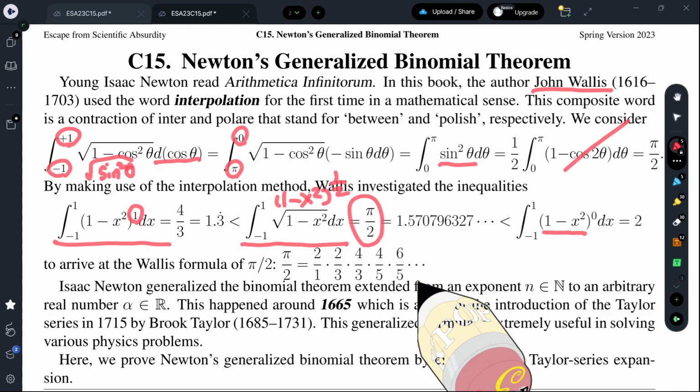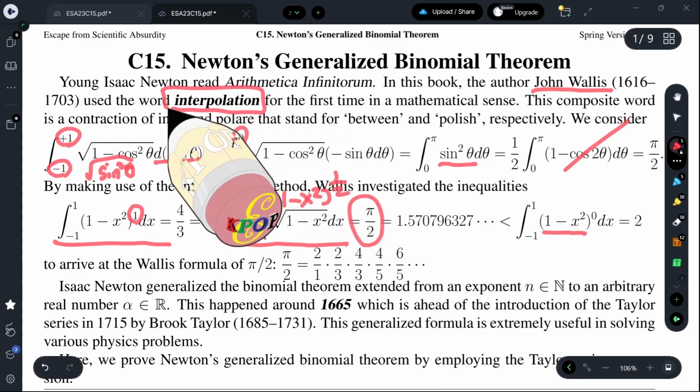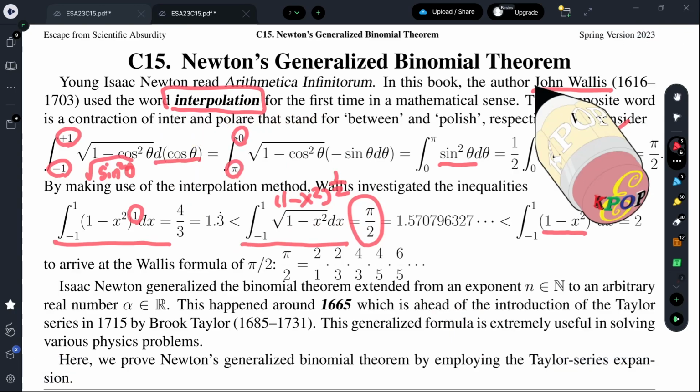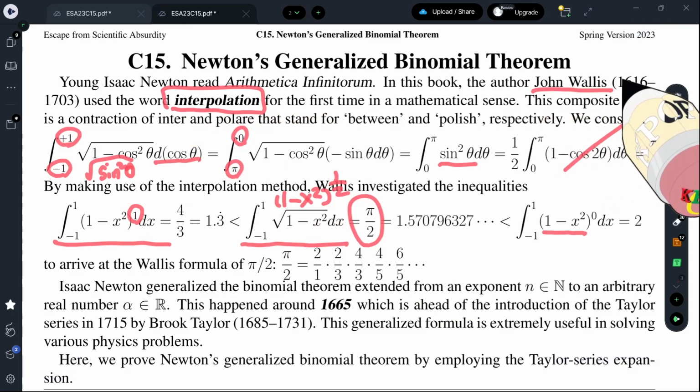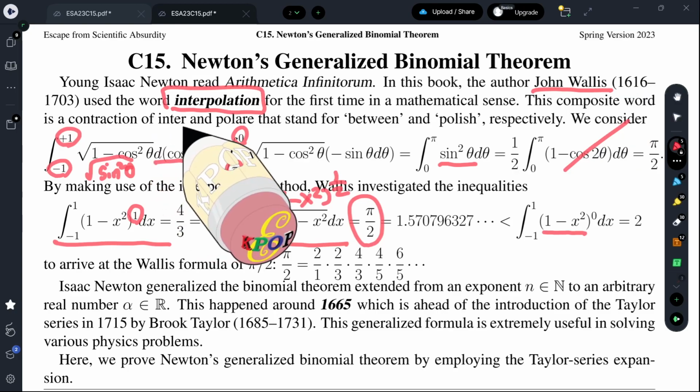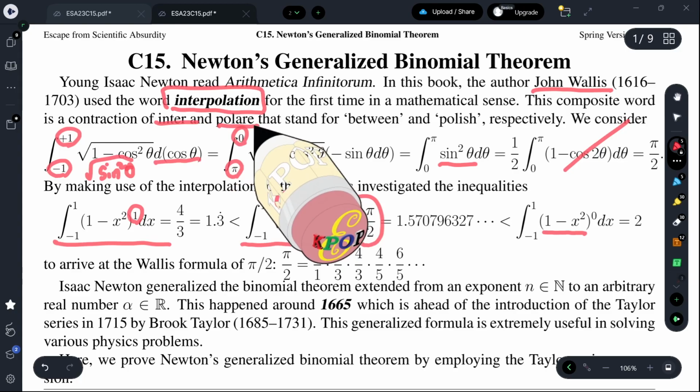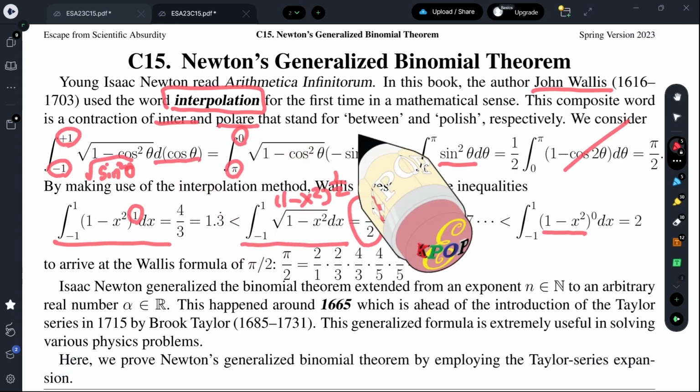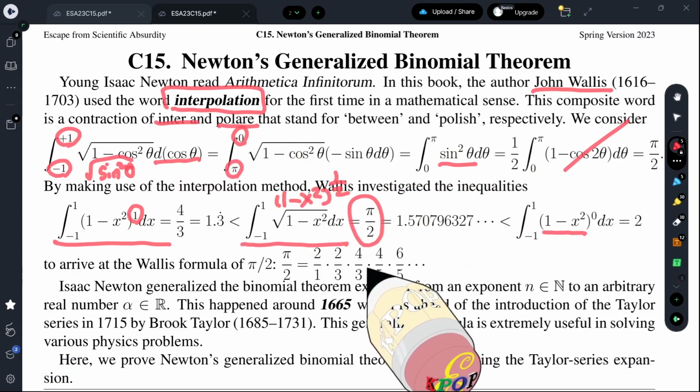Actually, the word interpolation was first used by John Wallis, a combination of two words, inter and polar, each of which represents between and polish.